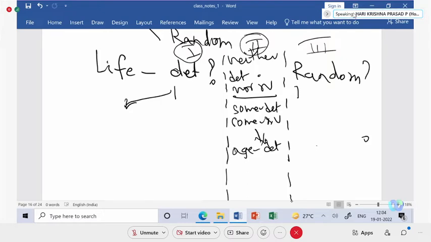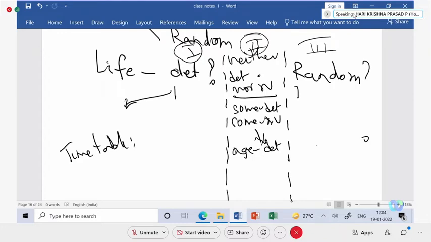See, if you say life is deterministic, I will argue in favor of the random feature. If you say life is random, I will argue in favor of deterministic. So I have the choice. The way you perceive is the way you understand. If I say life is deterministic, it is something like this: I have my own timetable.